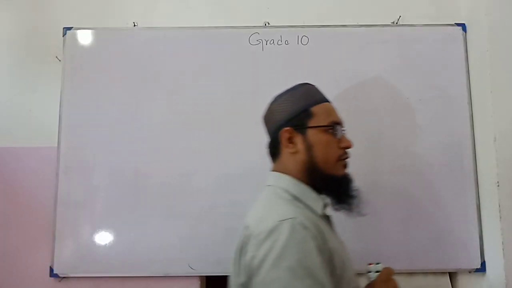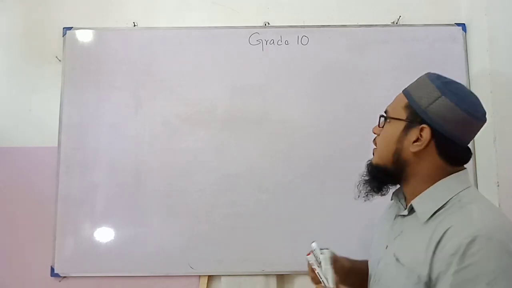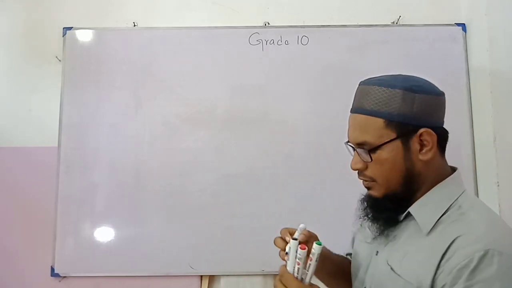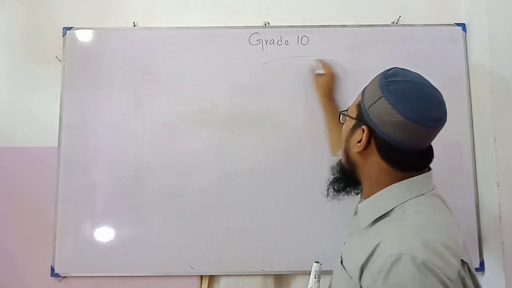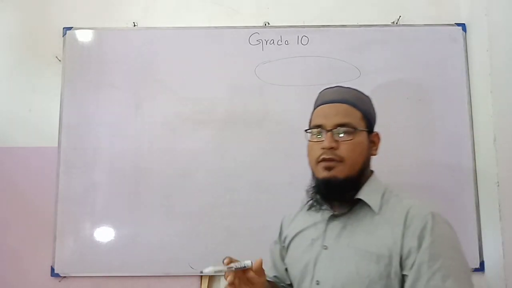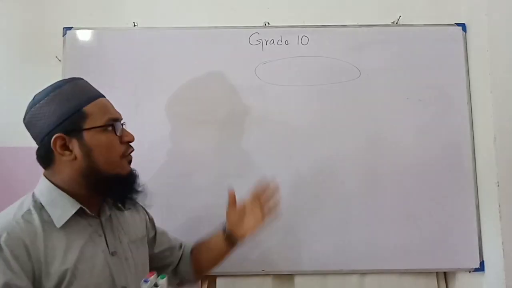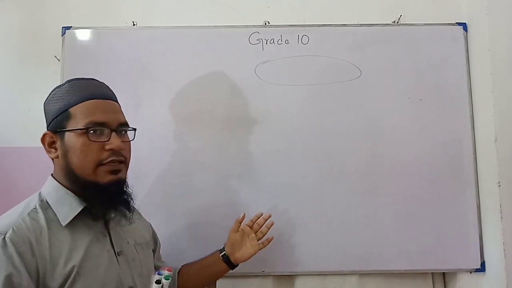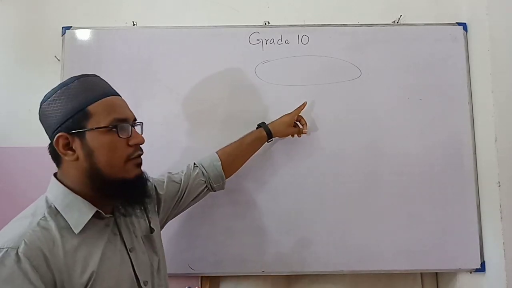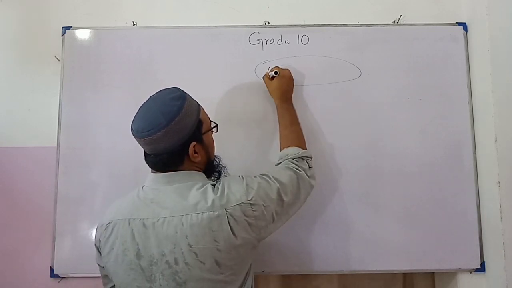What is matter? You know in smaller grades that you have learned about matter. For example, all the things in the world can be divided into many types. For example, if a biologist is doing this classification, he will divide all the things in the world.